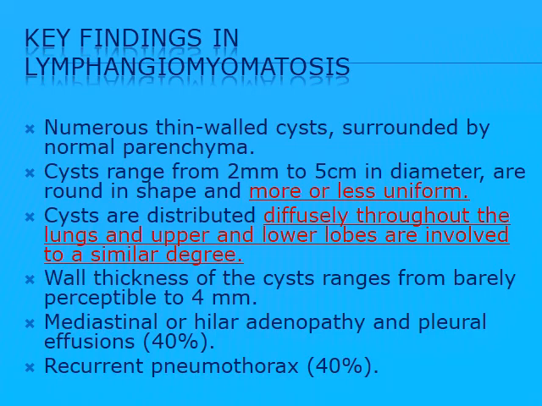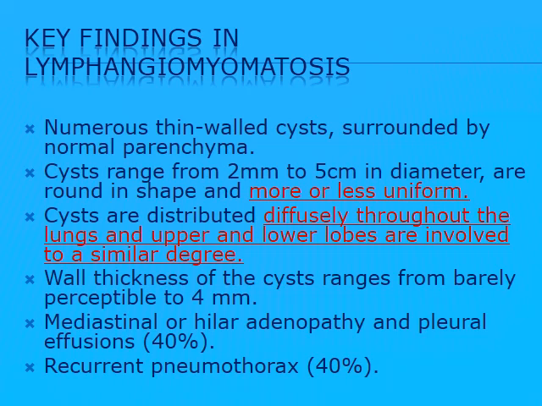How can we see it? Numerous thin-walled cysts surrounded by normal parenchyma. Cysts range from 2 mm to 5 centimeters. Cysts are distributed all through the lobes. The wall thickness of these cysts is very thin, perceptible up to 4 mm.